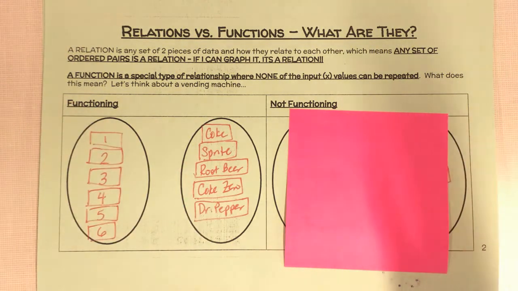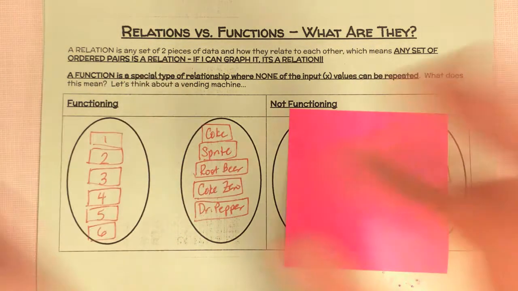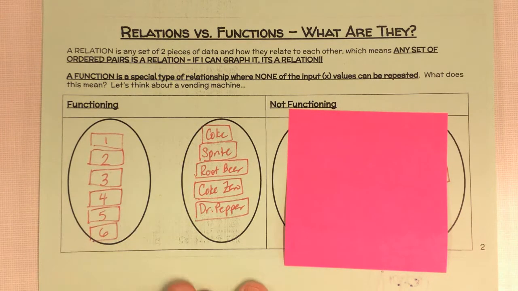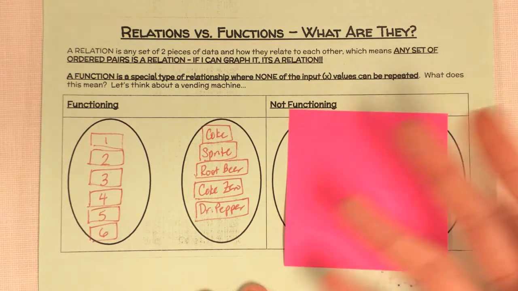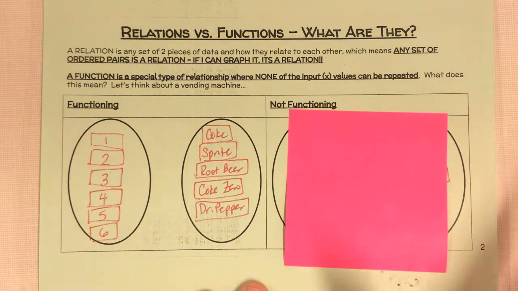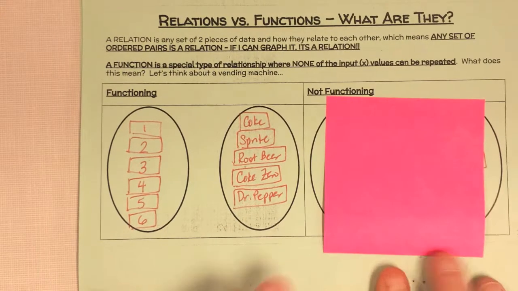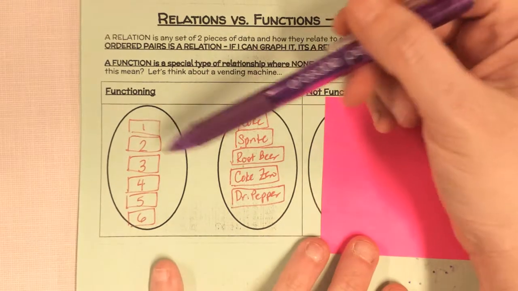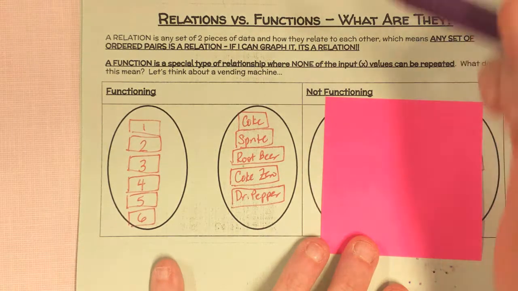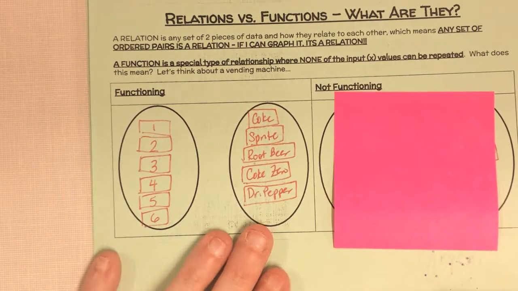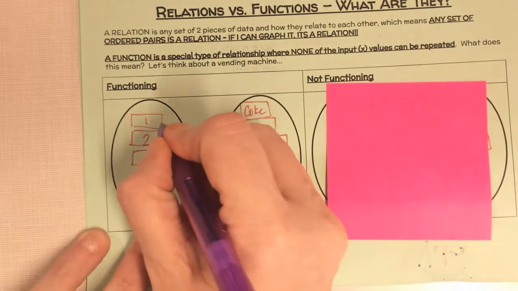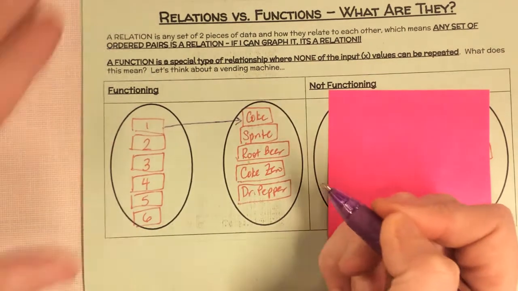Now, a function is a type of relation, so it's a set of ordered pairs that meets a specific characteristic, and that characteristic is that none of the x values can be repeated. Let's think about a vending machine. Pretend we have this vending machine, and it's got 6 buttons. If I press button 1, I get a Coke.